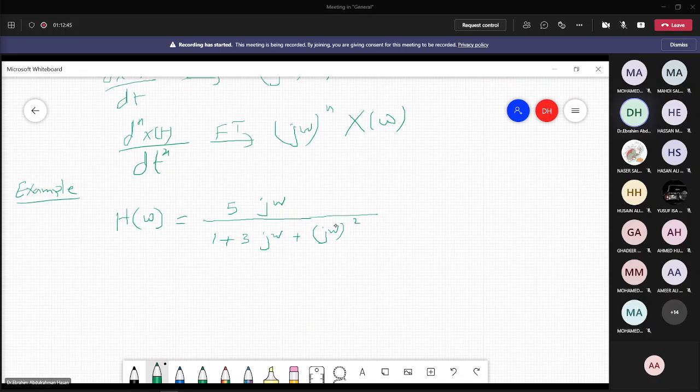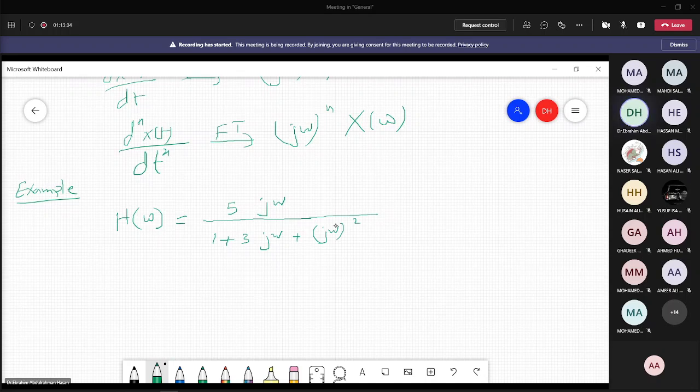I want to find the differential equation for this one. The h of omega is a frequency response, and I want to describe this system by an input-output differential equation. So how do we find it?